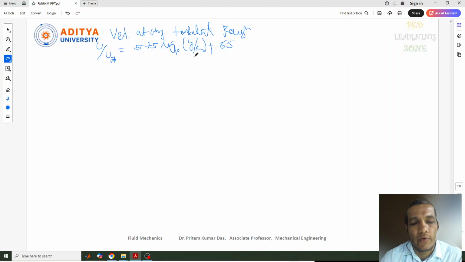Now here also you can put the value of y equal to R minus r, or we can keep the same thing, no issue. Now this is velocity at any point for the turbulent flow when the pipe is in rough condition.